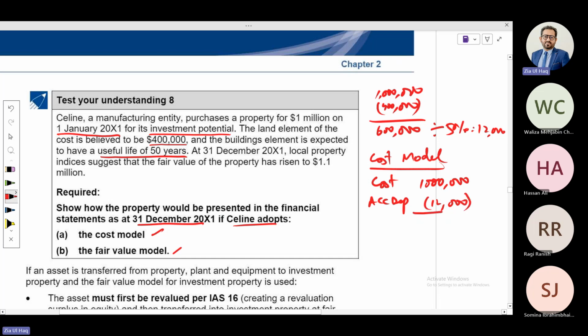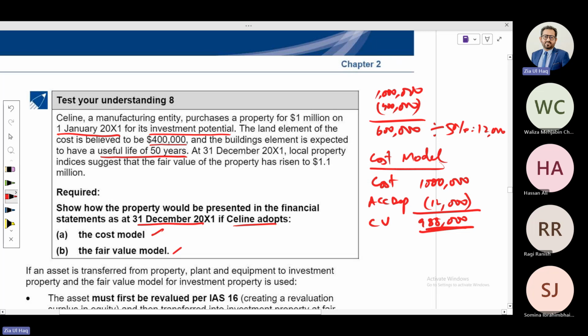And with the remaining amount, how much is that? 988,000 should be the carrying value in the balance sheet. Is it fine? This investment property should be recorded in the statement of financial position with 988,000 carrying value.